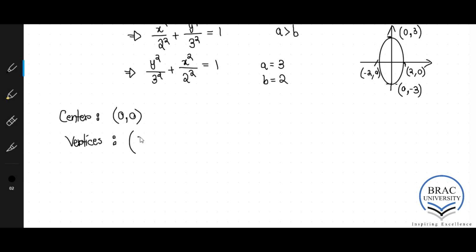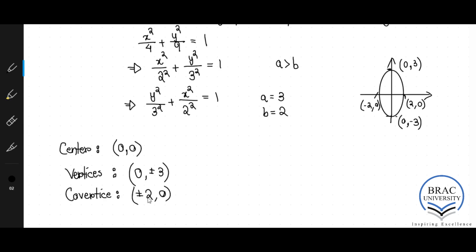This is 0 comma plus minus a, right? So a here is 3. These are the vertices. And then, before finding the foci, okay, we can write the co-vertices. So co-vertices are at plus minus 2 comma 0.